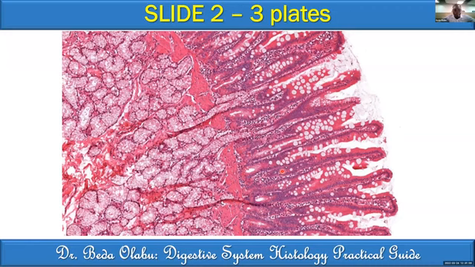Okay, so I've seen some people writing small intestine. It would be nice to be more specific than that. Remember, there are 3 levels of the small intestine: duodenum, jejunum, and ileum. So if you're among those who said small intestine, be more specific.